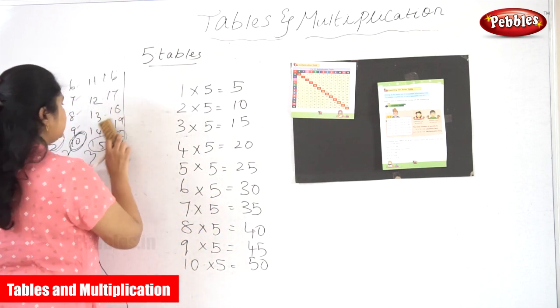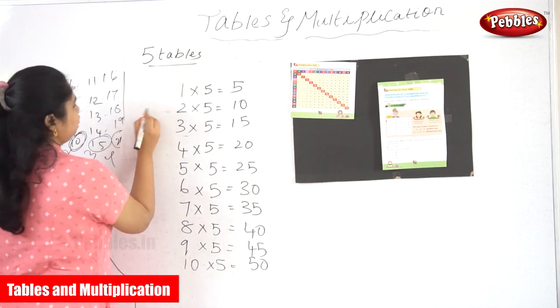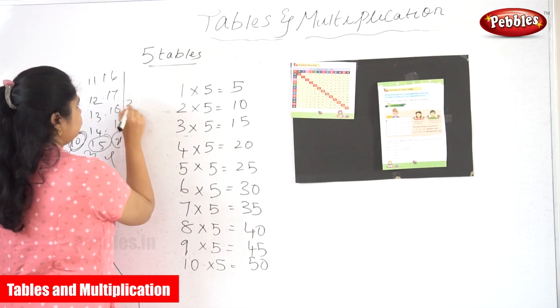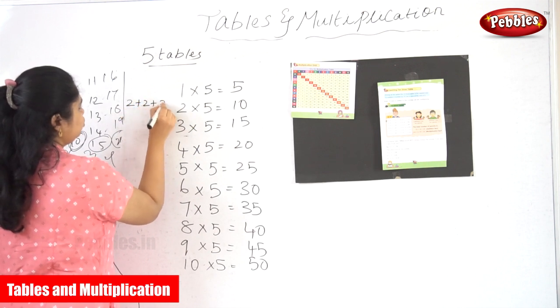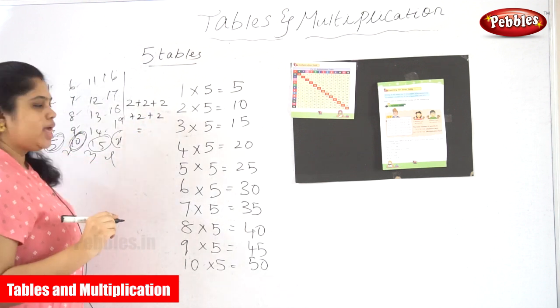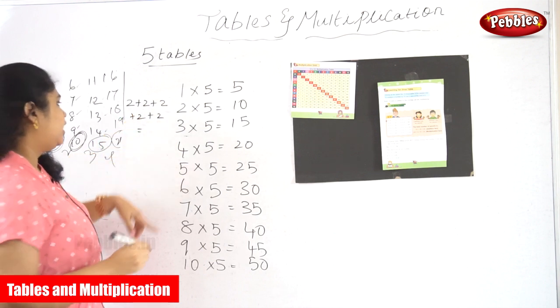I have told you about the 3 tables and 4 tables. So what am I saying? The 2 comes 5 times: 1, 2, 3, 4, 5. So I have put a 2 for 5 times: 2, 4, 6, 8, 10.